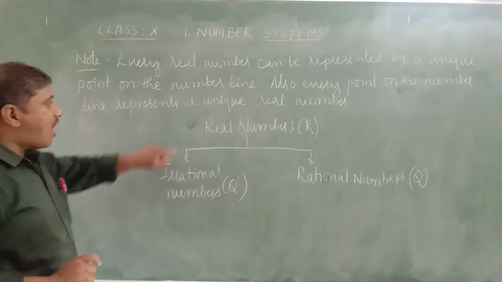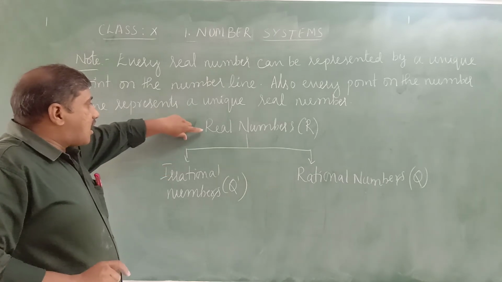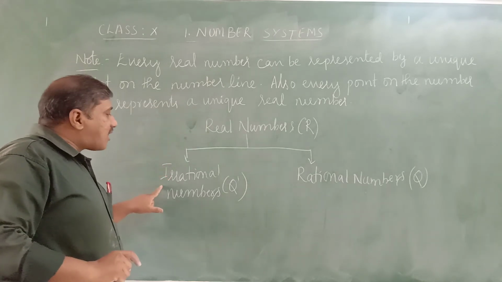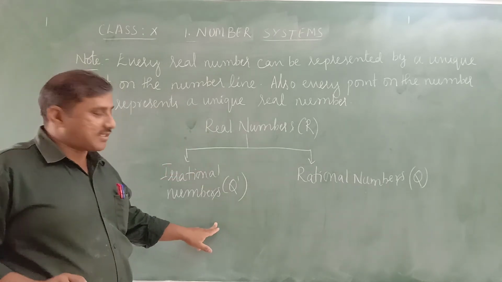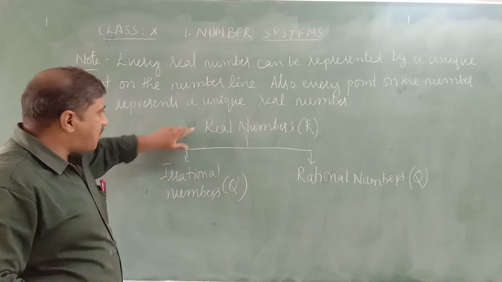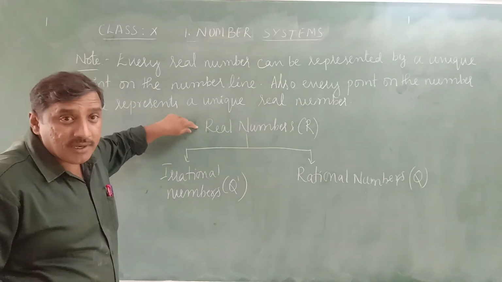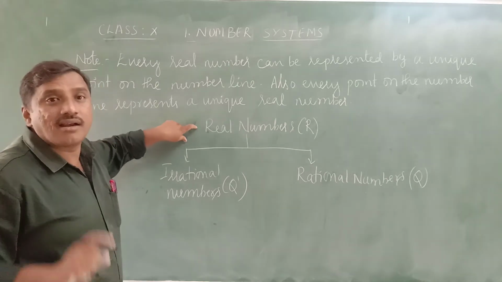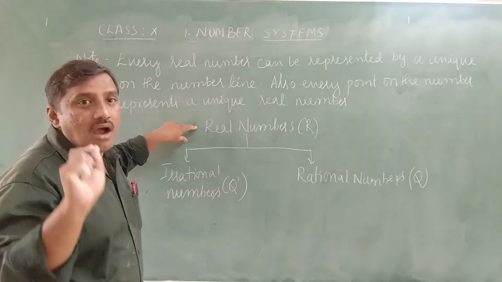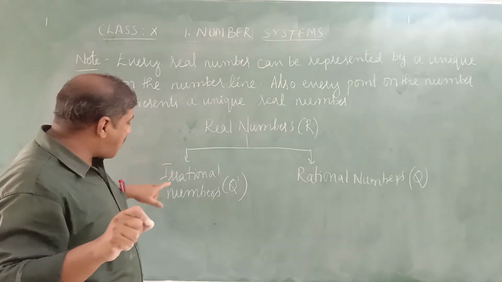It means that real numbers include irrational numbers and rational numbers. That is, all irrational numbers are real numbers, but all real numbers are not irrational numbers.